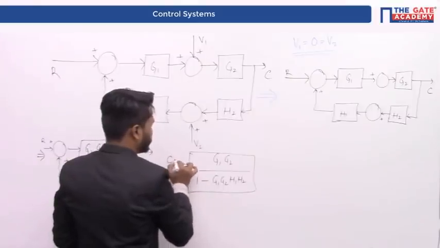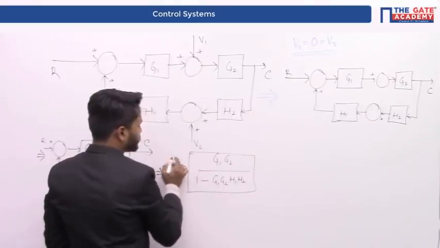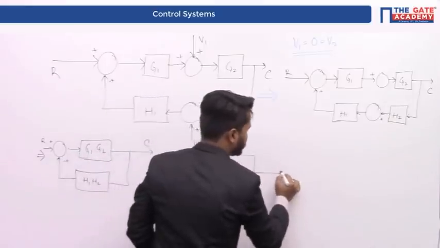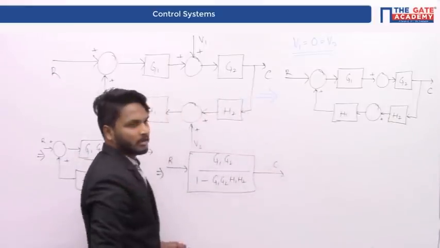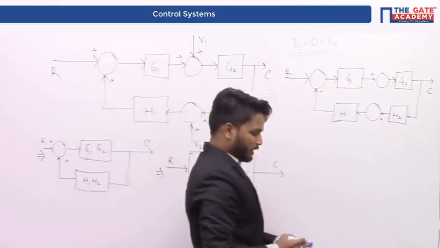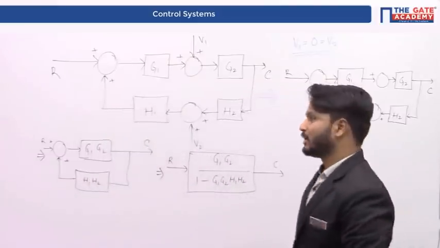Therefore, R is the input to the system and C is the output of the system. Therefore, C, when only R is present, can be written like this.